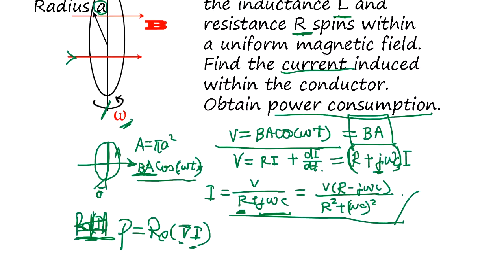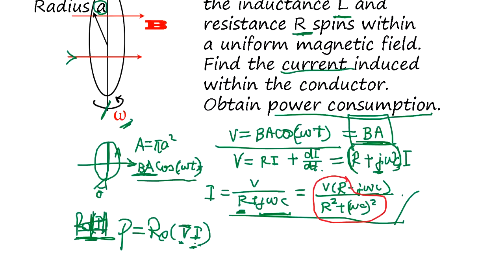That means there's no phase shift for V. So you multiply this together and take the real part of the current.